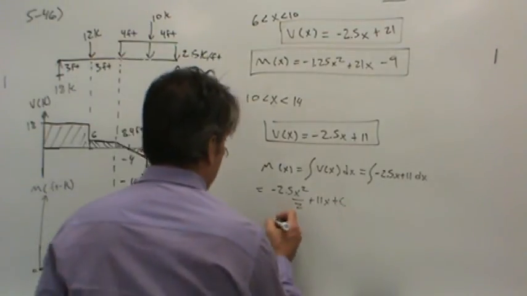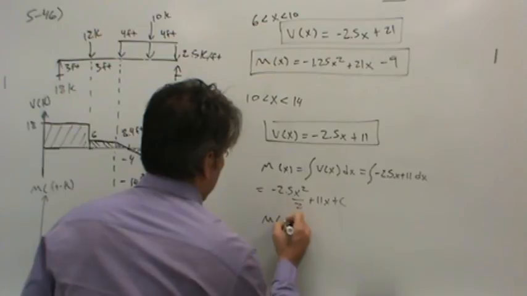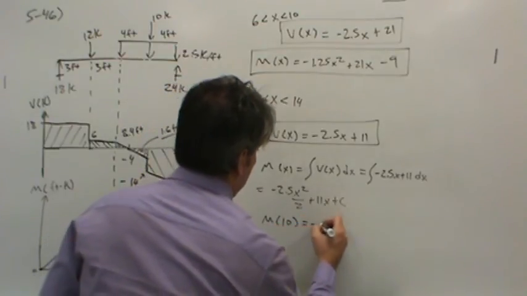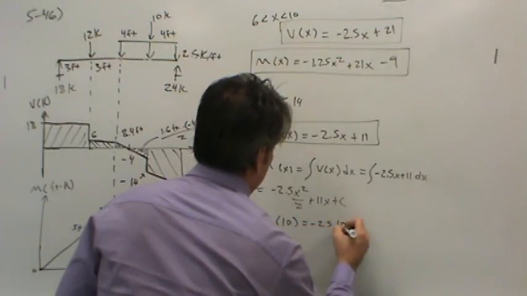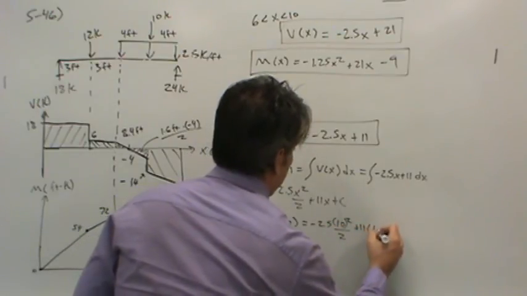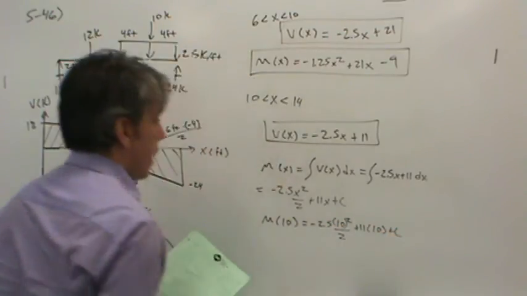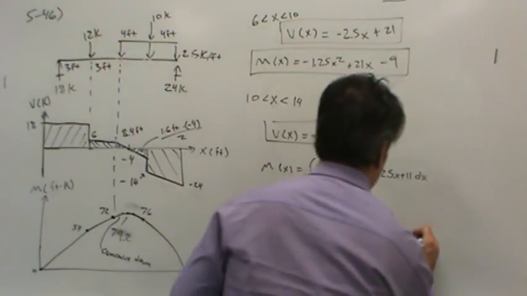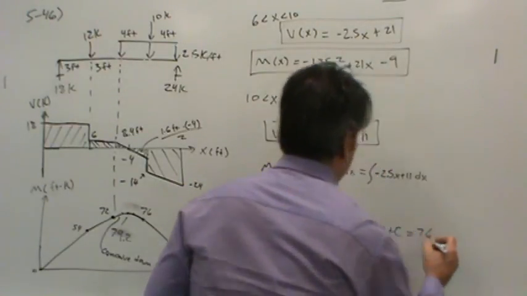So negative 2.5 times 10 squared over 2, plus 11 times 10 plus c, we should end up with 76.